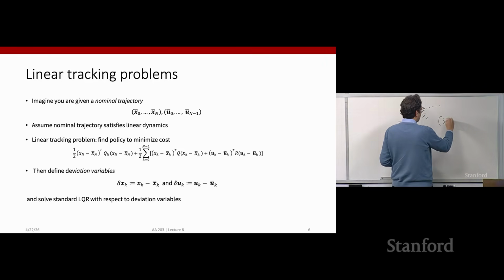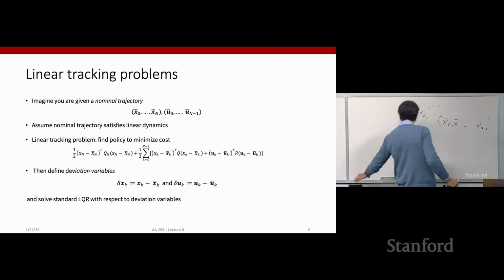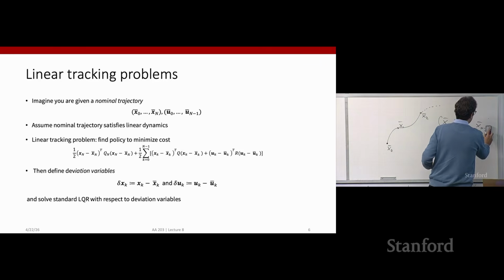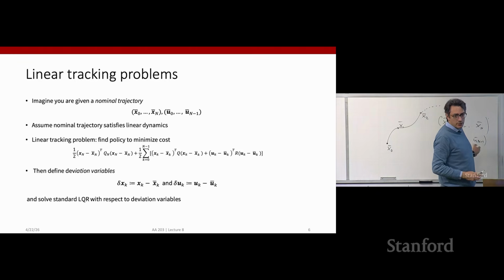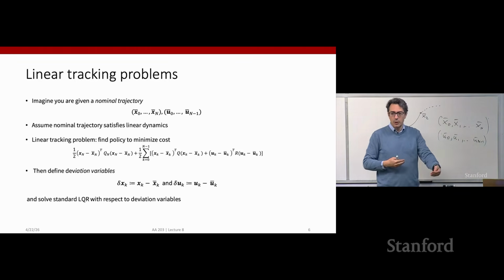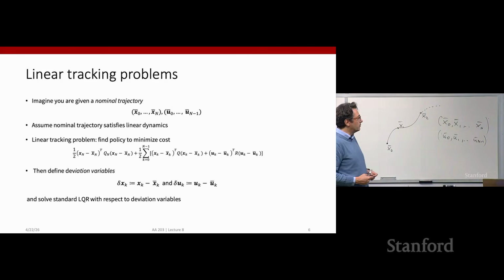So we have the reference trajectory x bar 0, x bar 1, up to x bar n minus 1, actually x bar n. And then u bar 0, u bar 1, up to u bar n minus 1. Of course, the control trajectory and the state trajectory are not independent of each other, they are linked through the system equations. X is derived through the application of U through the system equations.